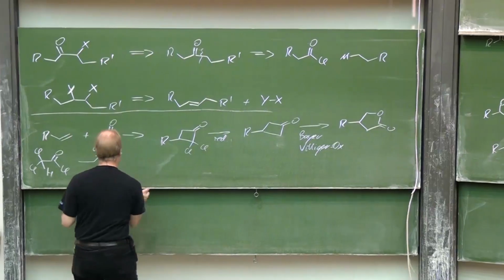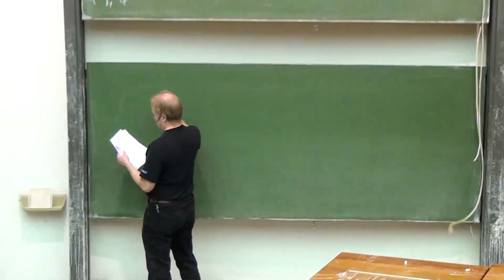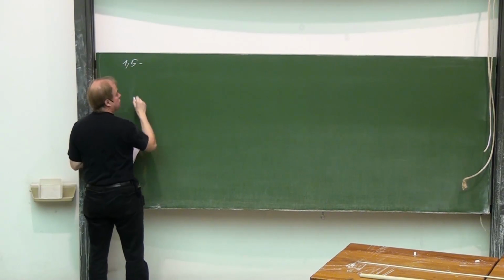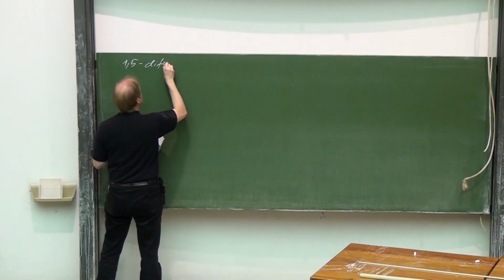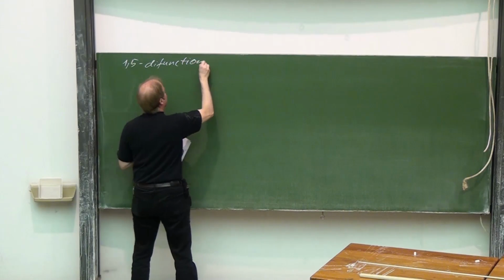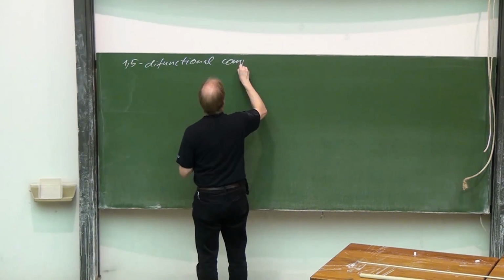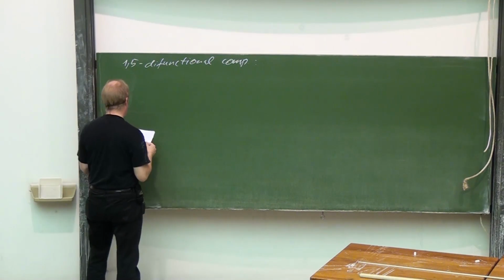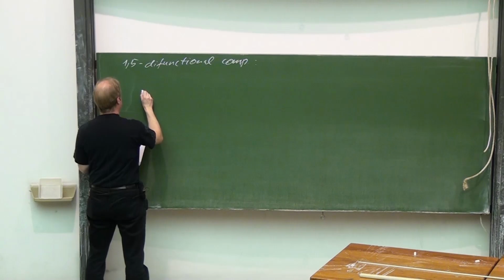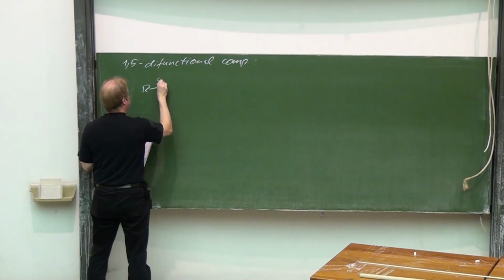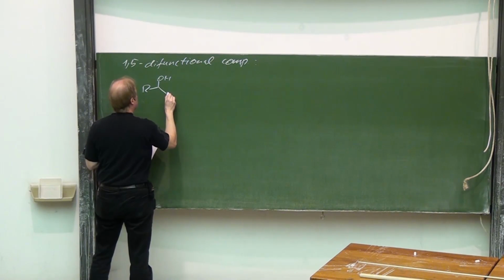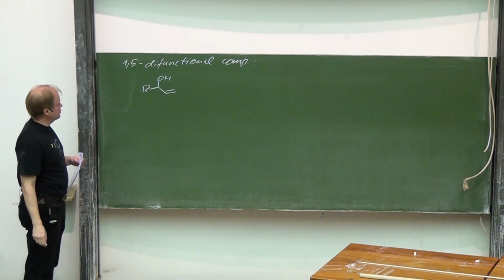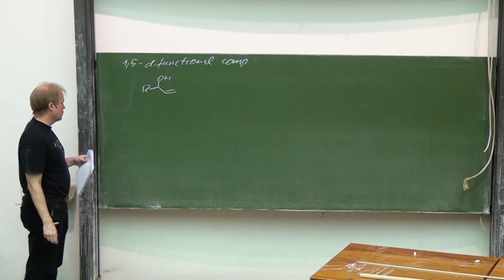Okay, it's time to go to examples for 1,4 difunctional compounds. For one of the interesting examples, we need an allylic alcohol.